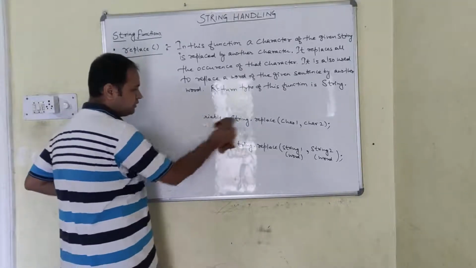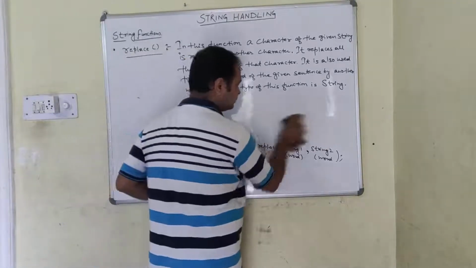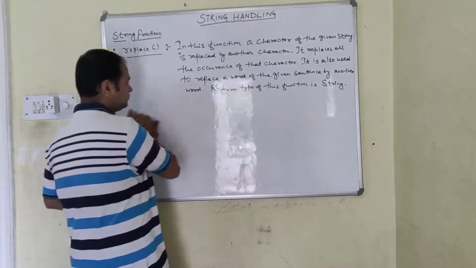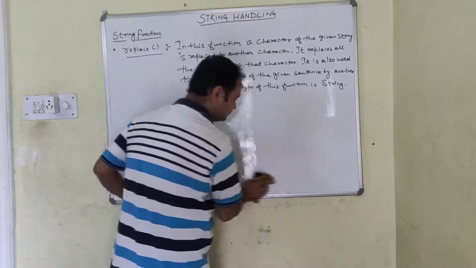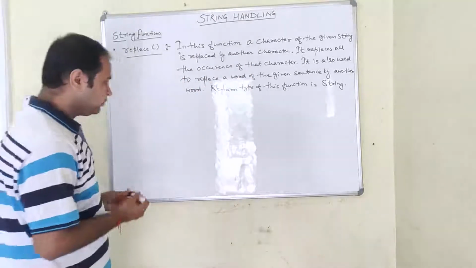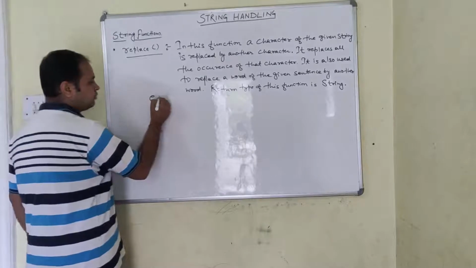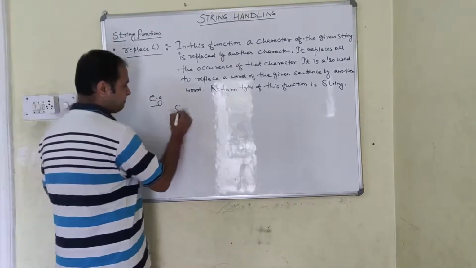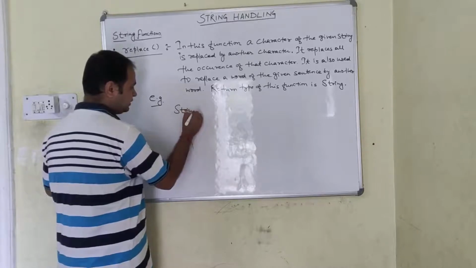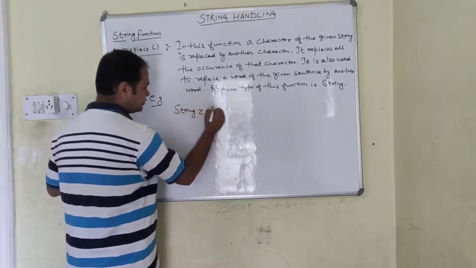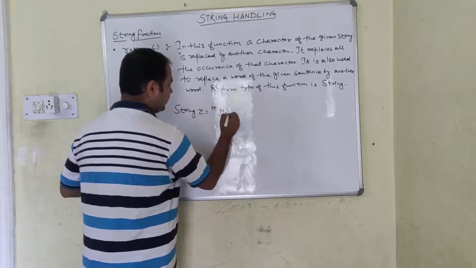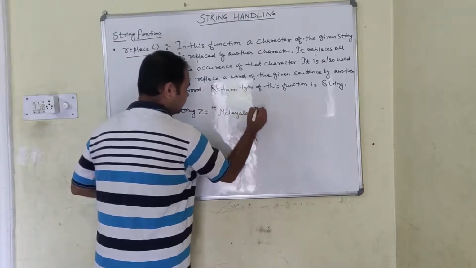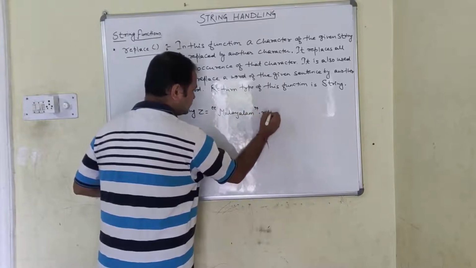Now giving you the example. For example, string z equals Malayalam dot replace.